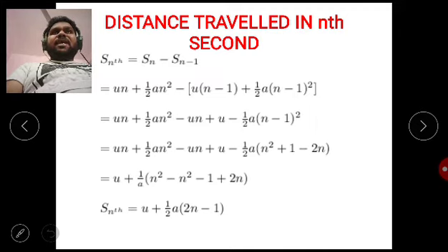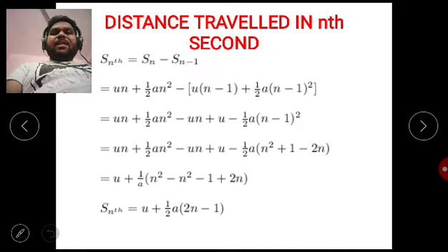Distance traveled in n seconds means total distance traveled from t = 0 to t = n. Distance traveled in the nth second means how much distance is traveled particularly during the nth second.